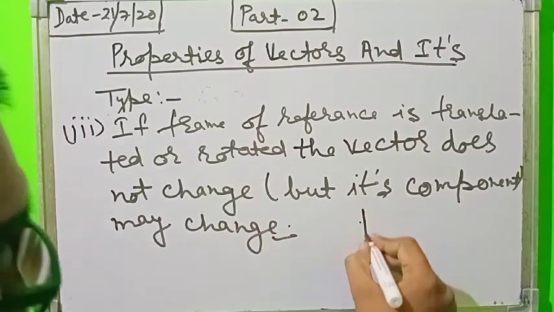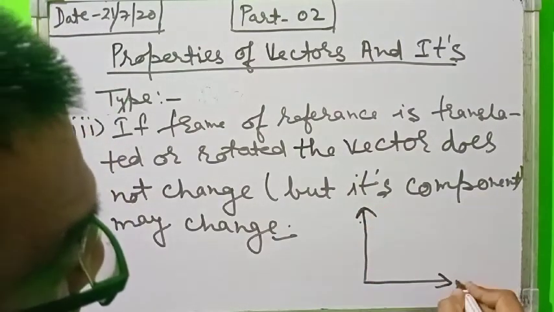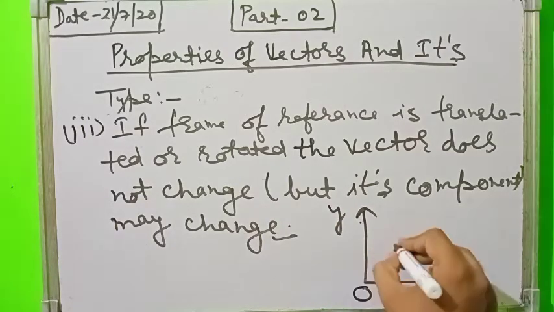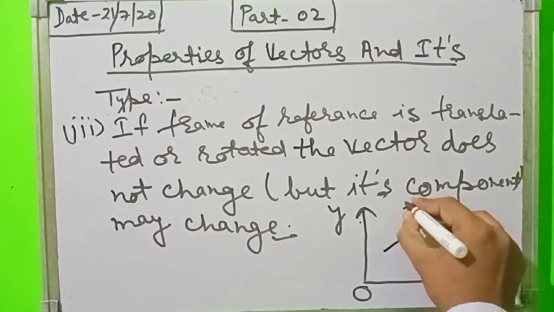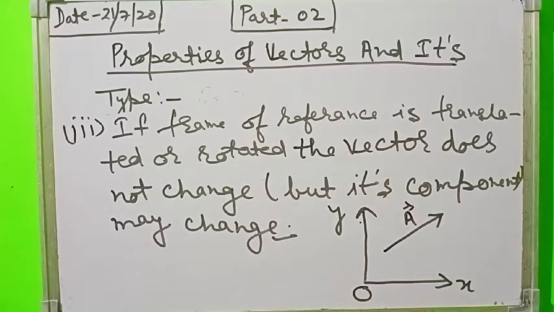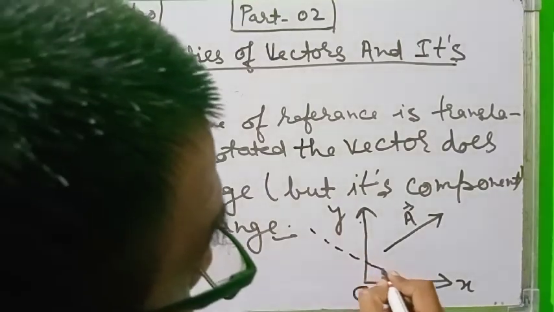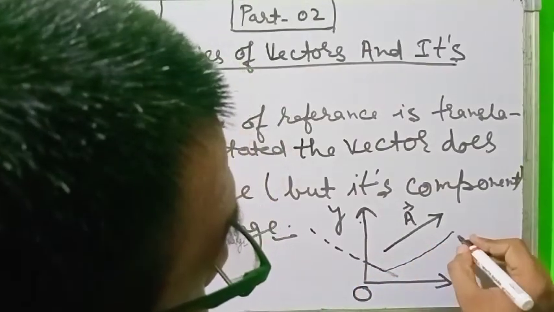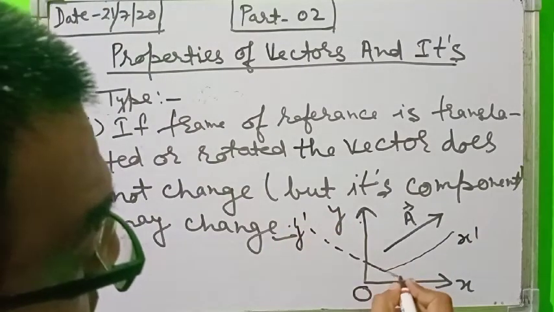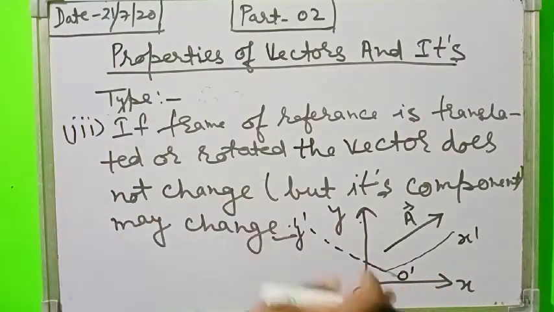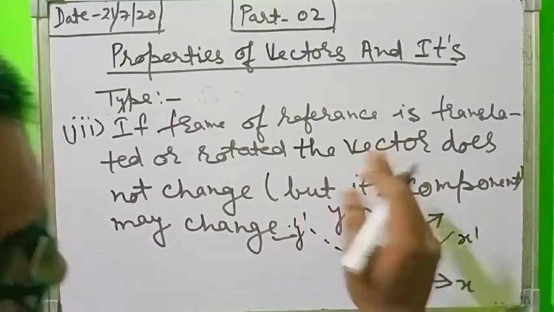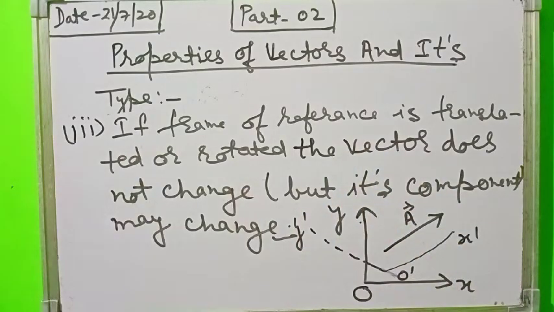Suppose this is the x-axis and y-axis, and this is the frame of reference O, and in this there is a vector A. Now if we change the frame of reference to x dash, y dash and O dash, then the vector does not change, but on resolving the vector into components along the x-axis and y-axis, the angle theta may change and its components change, but the vector A remains the same.